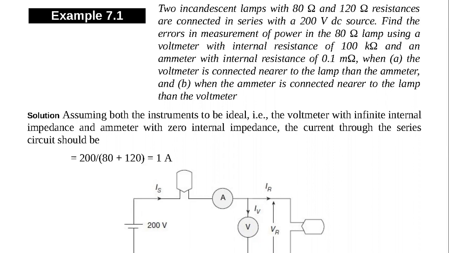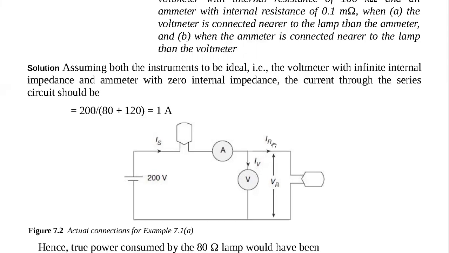In A, the voltmeter is connected nearer to the lamp than the ammeter, and in B, the ammeter is connected nearer to the lamp than the voltmeter. These are the arrangements you can see here.